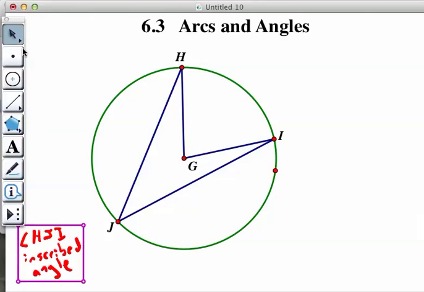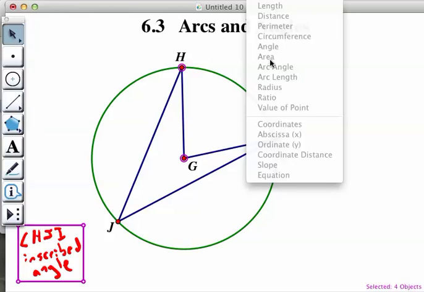So on the screen I have a central angle, I have an arc defined, and I have an inscribed angle. But look at how I've built this inscribed angle. It intercepts the same arc that my central angle, angle HGI, does. Let's review what we know about central angles and arcs.